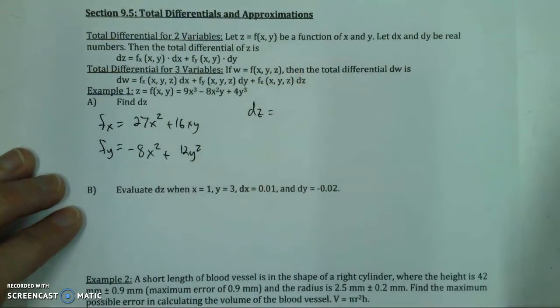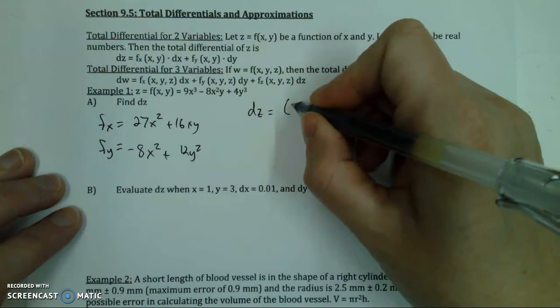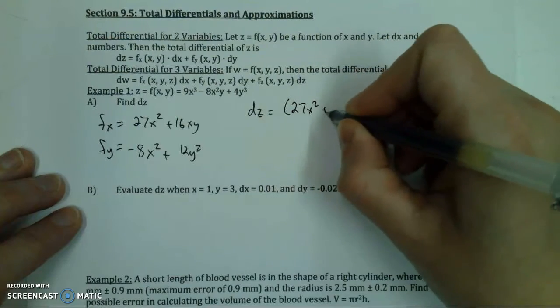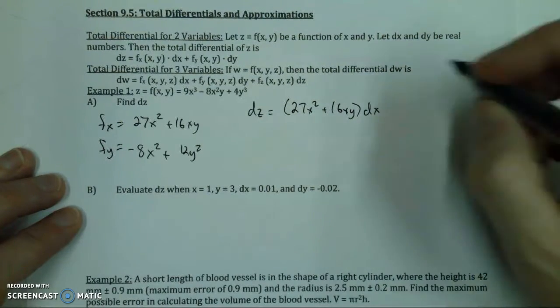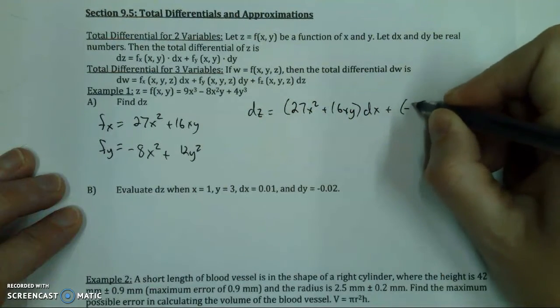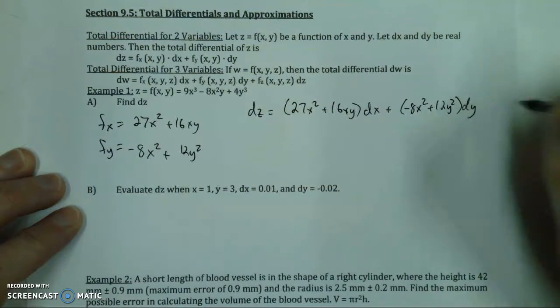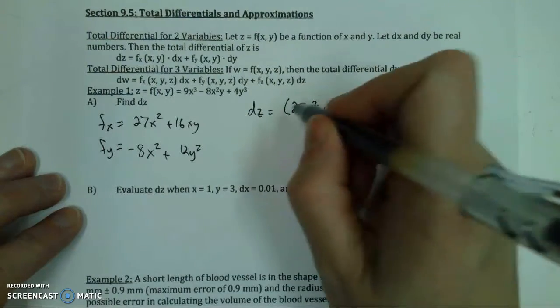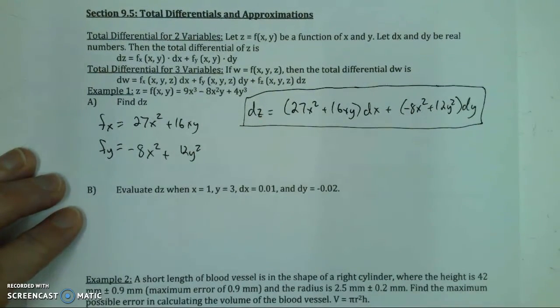So dz, this total differential, is going to be the partial at x. Now, I don't know what dx is, so right now I'm just going to write dx plus the partial at y. And once again, I don't know what that dy is, so I'm just going to write it as dy. And this is, in general, my total differential.